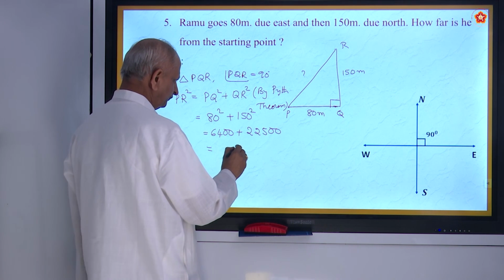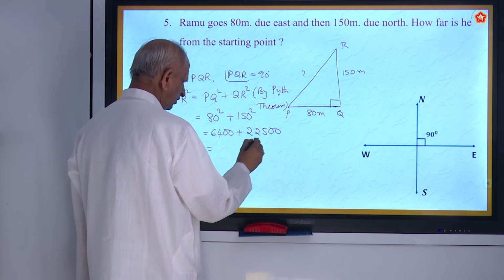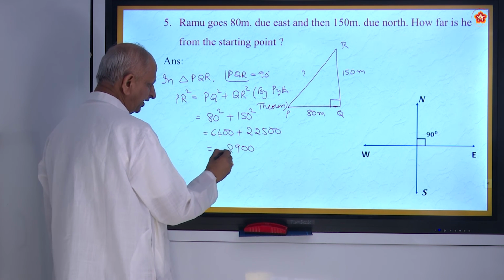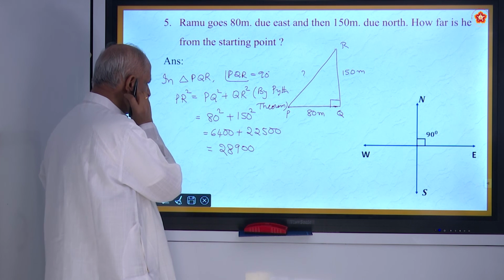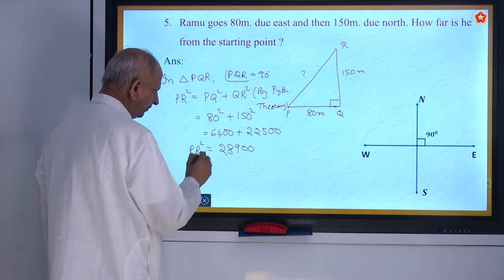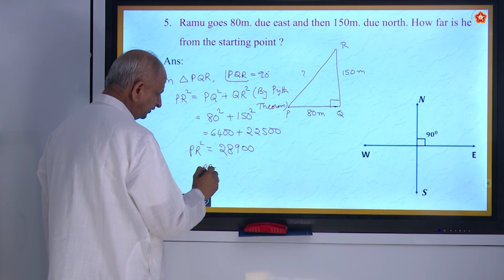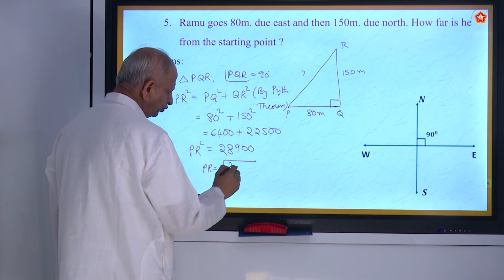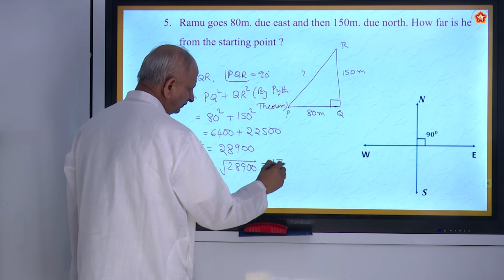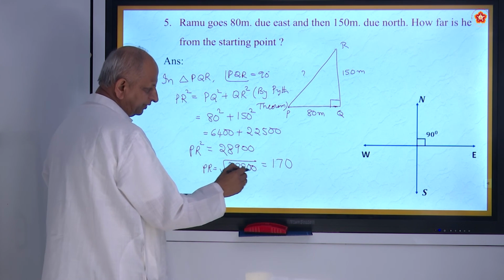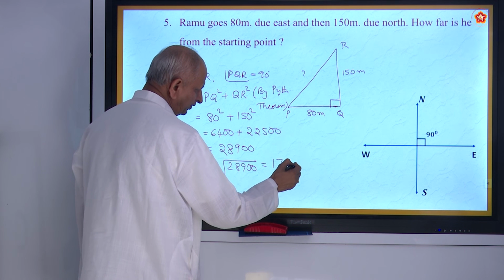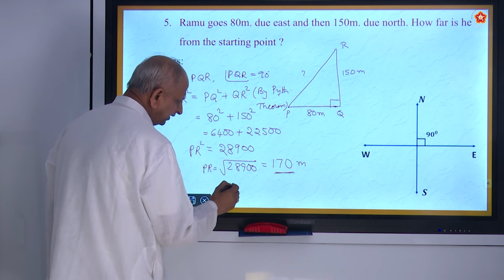Add it. You get 2 zeros, 5 plus 4 is 9, 2 plus 6 is 8: 28900. So PR is equal to the root of this. The root of 28900 is 170. The root of this is 17 and double zero; the root will be 10.